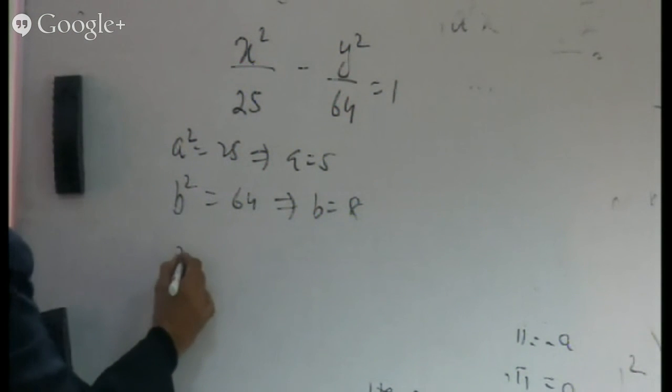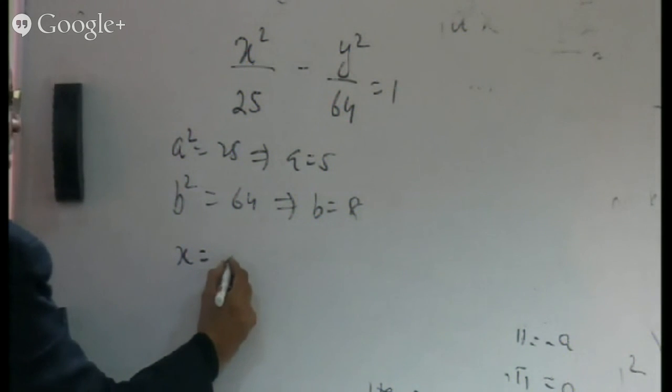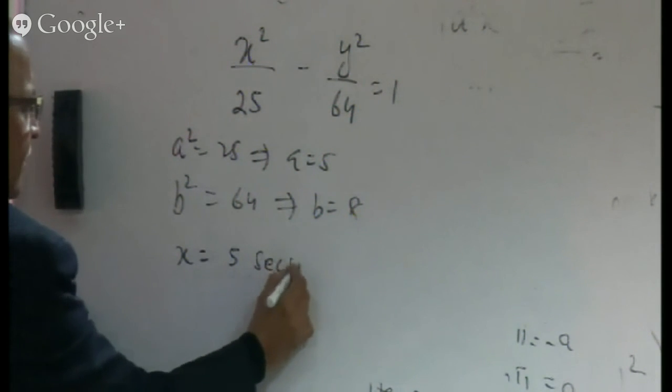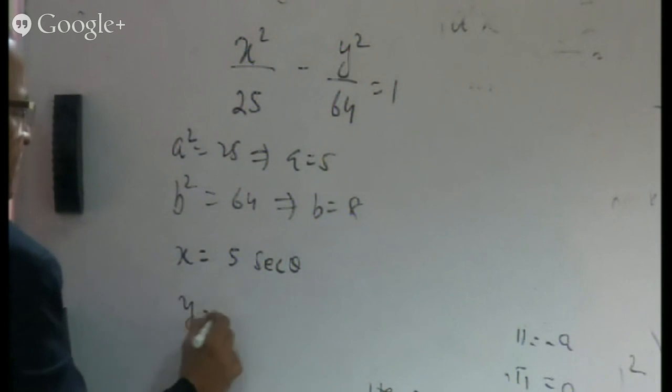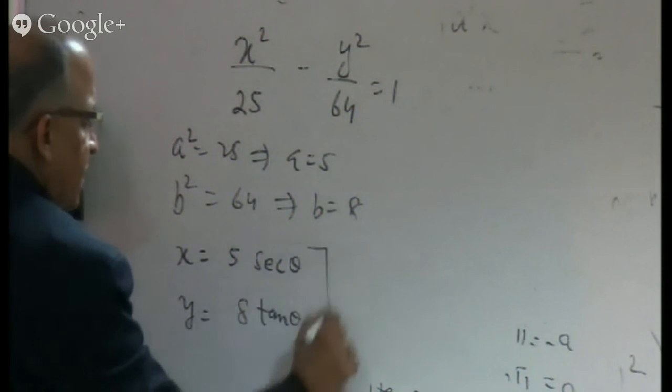So what are the coordinates now? Parametric coordinates: it is 5 secant theta and y is 8 tan theta. This is the parametric form.